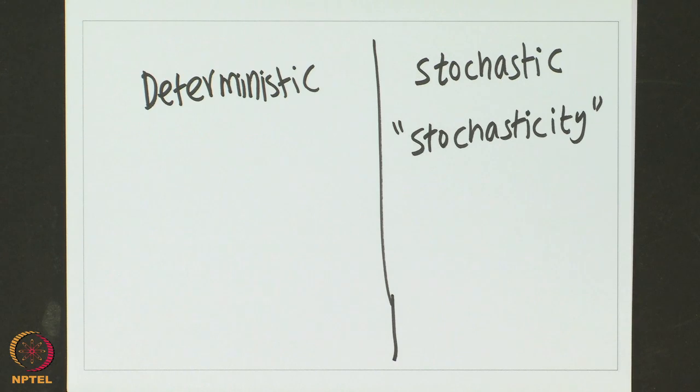In the world around us, if I take a cricket ball or a football or a heavy iron ball and drop it, and ask how long it will take for that ball to reach the ground, say if I leave it from 1 meter height, that answer can be obtained by solving Newton's equations.